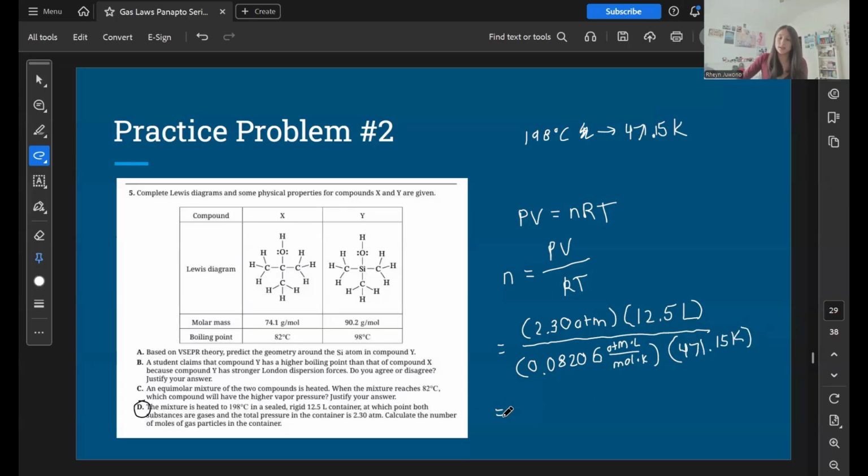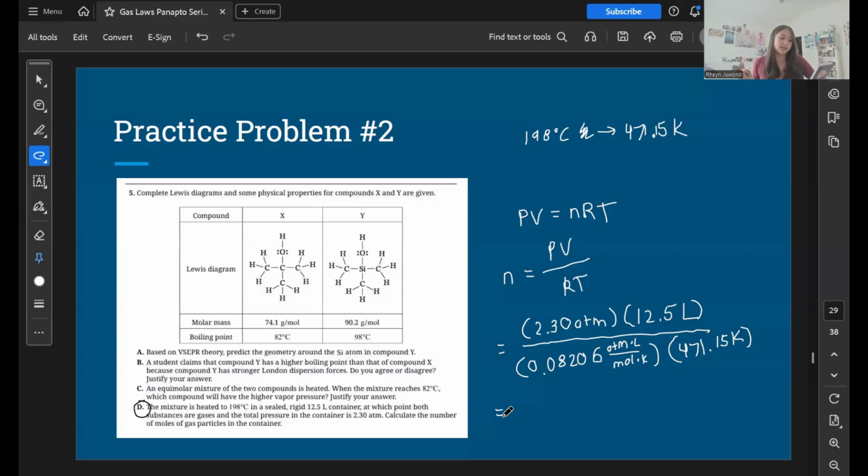Then you can just use your calculator. Make sure that you're rounding to the appropriate amount of sig figs, and also that you do actually plug in your values, because if you just write out the equation, you could get dinged.